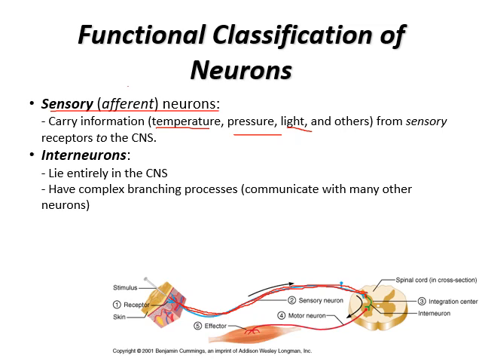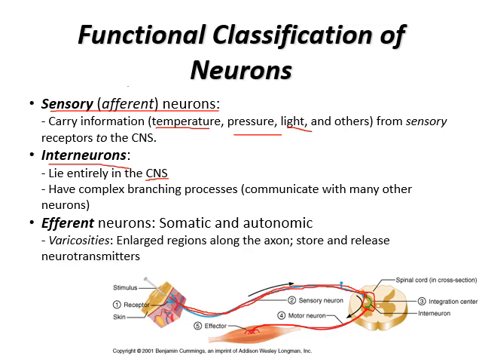And then inside the central nervous system, we have a class of neurons called interneurons. These lie entirely in the CNS. These are basically communicating or integrating neurons. They allow integration between the sensory signal and the efferent, the motor neurons. So that's the basic flow.